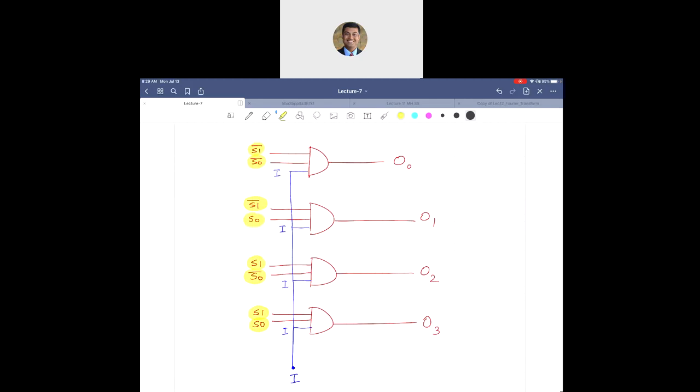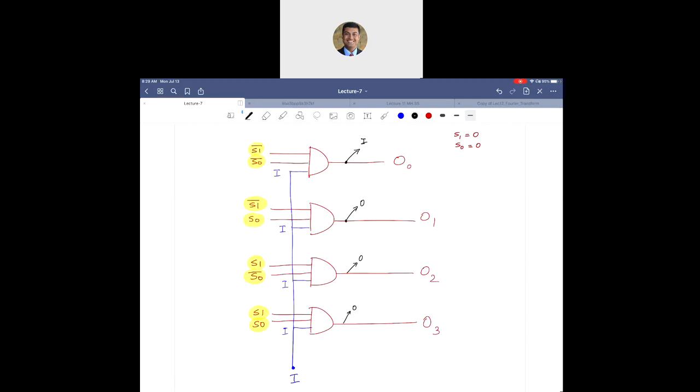So let's try to take a look at this. What would happen if S1 is 0 and S0 is 0? Well, only this guy will equal I, but all the others will equal 0. Right?